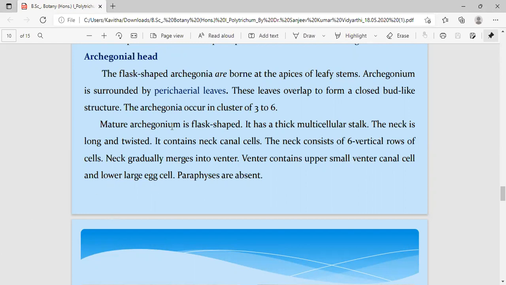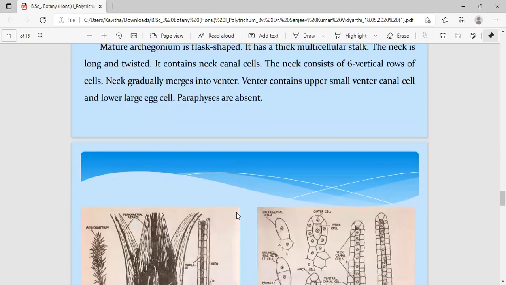So I repeat, the mature archegonium is flask shaped and also has a stalk by which it is attached to the archegonial head. It consists of a very long neck, twisted also, with around 6 to 10 neck canal cells, and the venter consists of a small venter canal cell and a large egg cell.